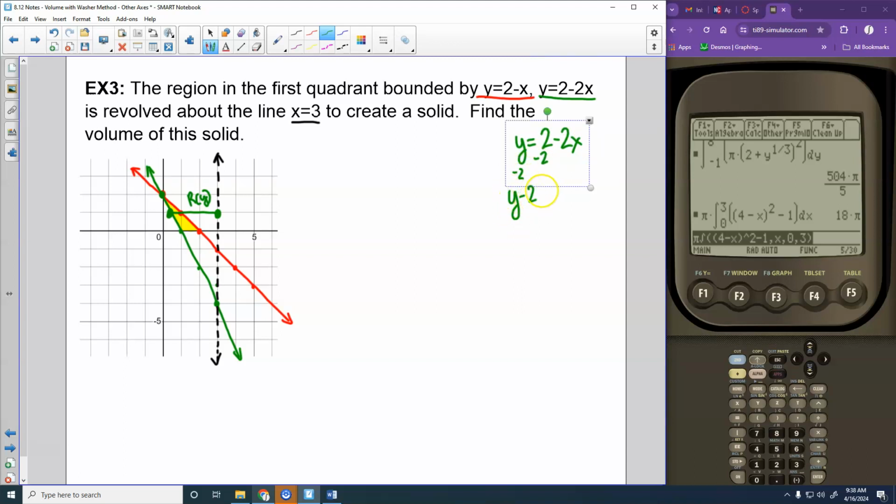Y minus 2 would equal negative 2x. I'll divide everything by negative 2, and I will get negative 1/2 y plus 1 for my x. So this green graph, we don't want to think of it as y equals 2 minus 2x. We want to think of it as x equals negative 1/2 y plus 1.